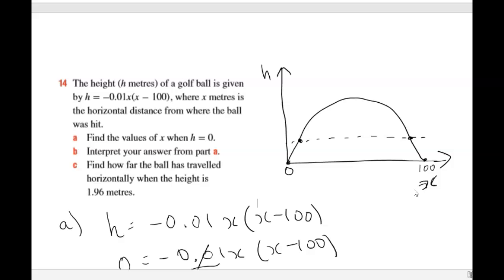Also, halfway between 0 and 100 is 50, so that's your turning point there. You only have one corresponding height, which we don't have to find, but it's always nice to know how it works. So this point here, 1.96, which we just found out, is at x equals 2 and x equals 98.